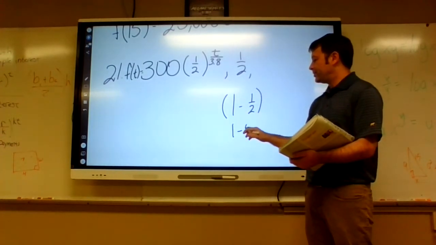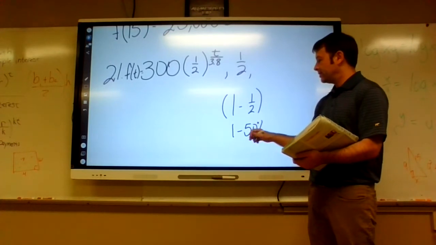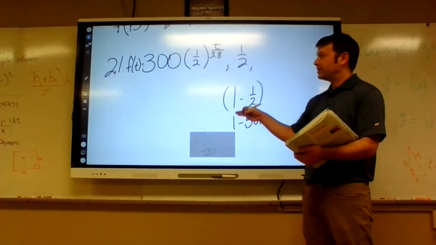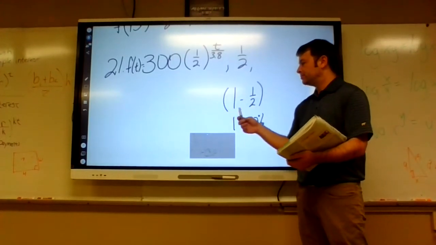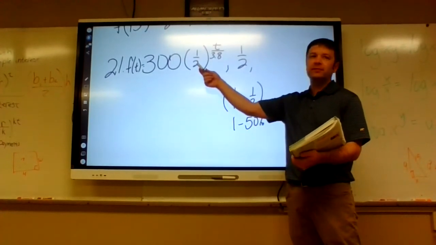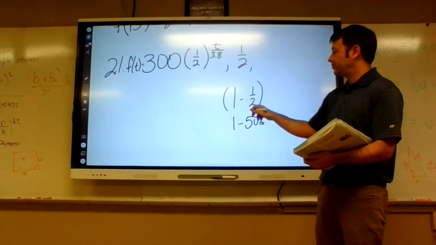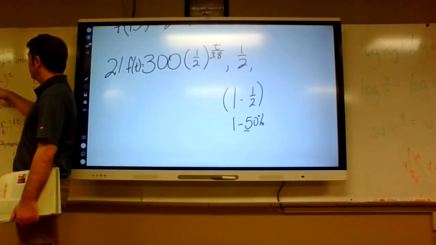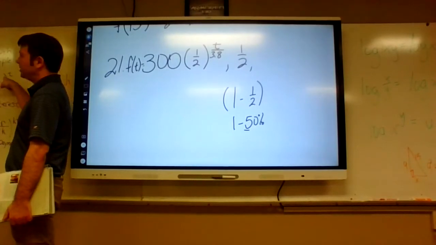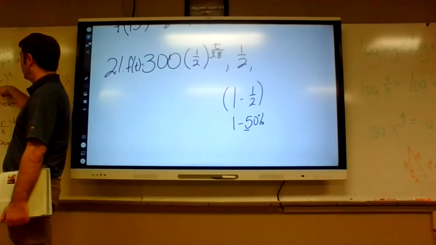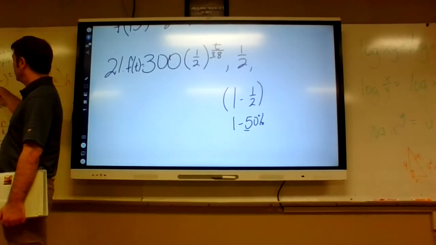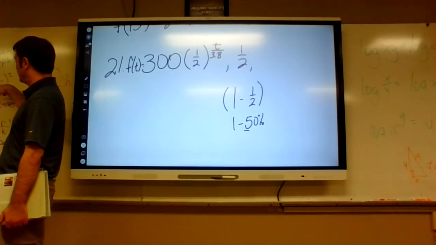This would be like a 50% decrease, right? This would be the growth rate, negative 50%. But the growth factor is 0.5, is 1/2. The growth rate is the number that goes right here, like 10%, 5%, that kind of thing, but the growth factor is the whole parentheses put together. So usually the rate is a percent, we write it as a percent.